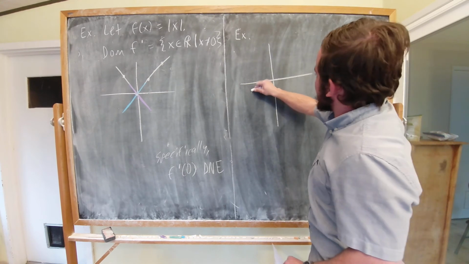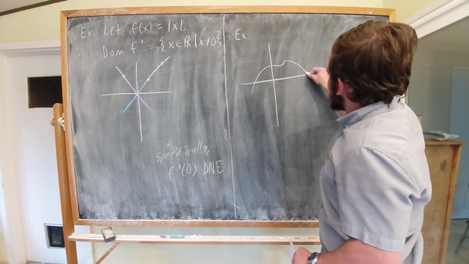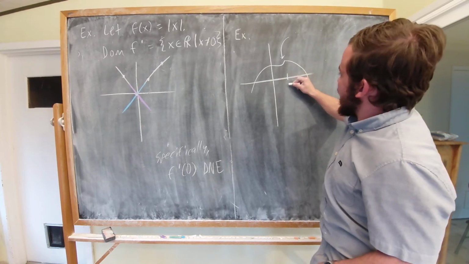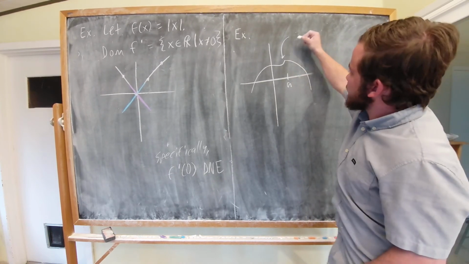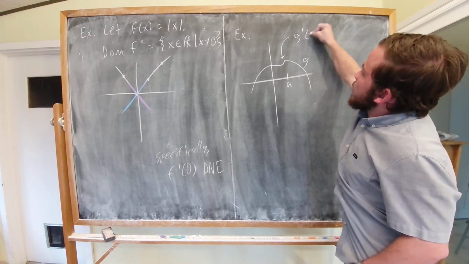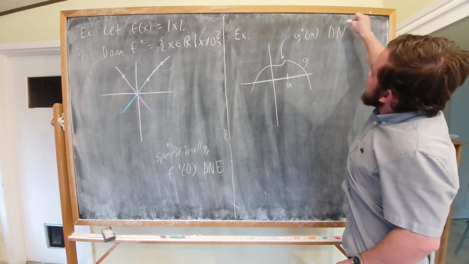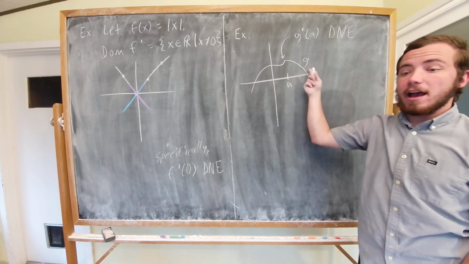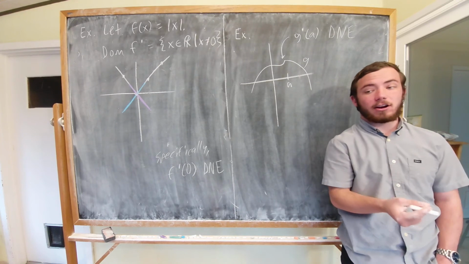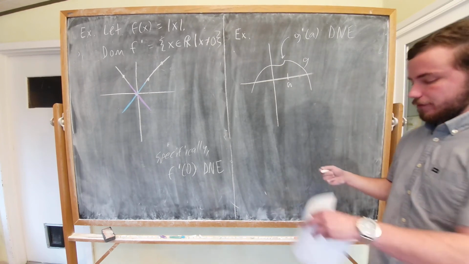Maybe we have a function that does something like that. And let's call that point A. This is maybe function g. G prime of A does not exist. Everywhere else works, not that corner point. Corners are basically the thing that causes problems for derivative.